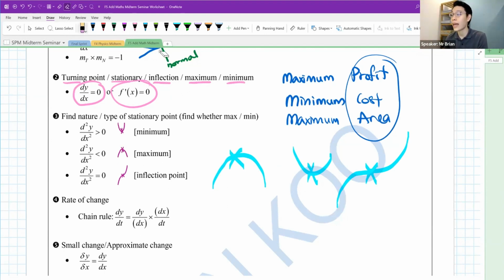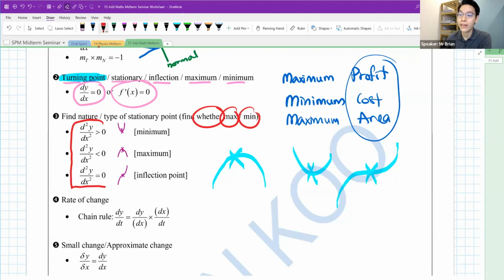So if you have already found your turning point, and all you want to know right now is whether it is a max or a min, only then do you go and do your second derivative, d squared y over dx squared, meaning differentiate 2 times. The only usage of differentiating 2 times is to find what type.